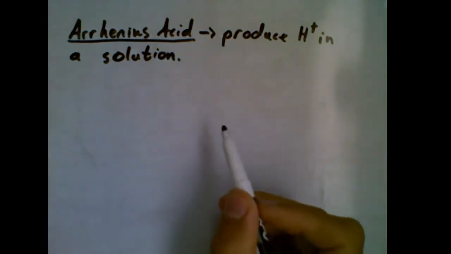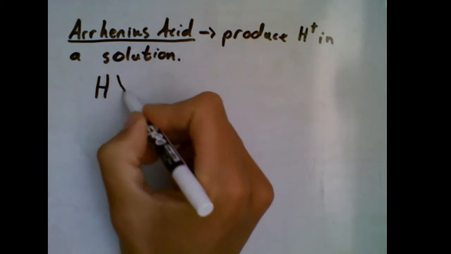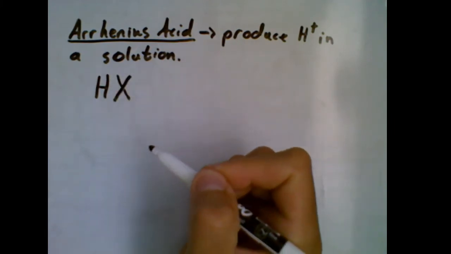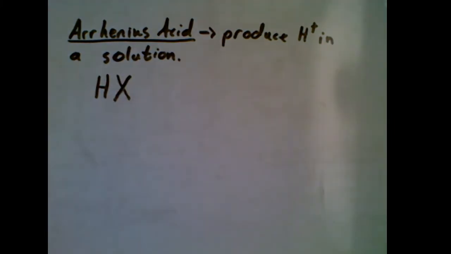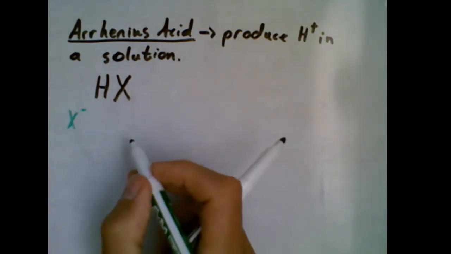So how do they do this? Well, the idea is if you take some acid, typically you'll see the general formula for acids written as HX, where X represents some negative ion.